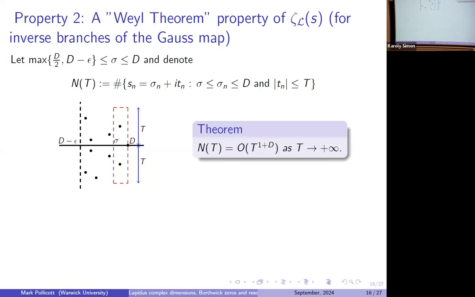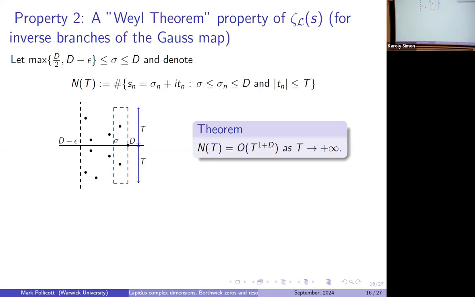And then the idea is that we'll take the height to be increasing. The height is going to be T, and as T increases, we count the number of poles that we spot inside this box. So we want to know something about the distribution of these complex zeros, the poles for the zeta function associated to your Cantor set, as you go up in this particular box.